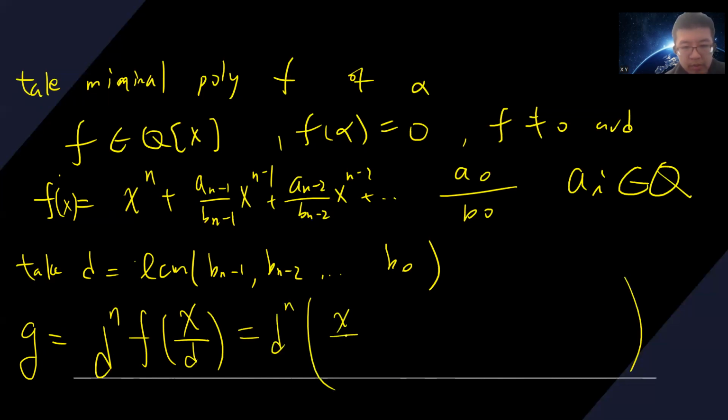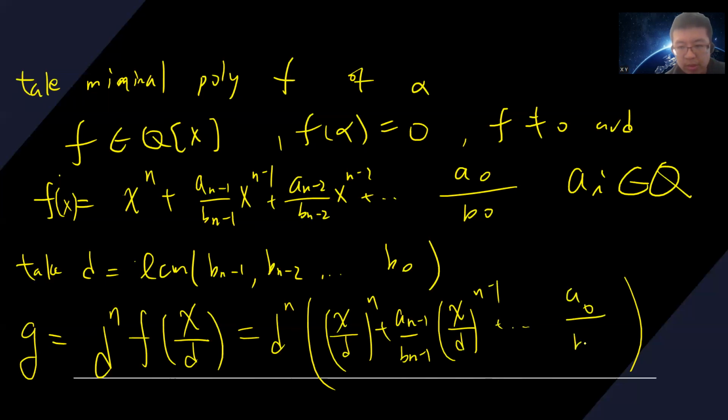So this is a_{n-1} D^{n-1} x^{n-1} divided by D^n, and so on, down to a_0/b_0. An easy calculation shows the leading coefficient is still x to the n, and this next coefficient will be an integer, because it will be D times a_{n-1} divided by b_{n-1}, but D is the least common multiple, so this will be an integer, and you can keep showing that the rest will be integers.